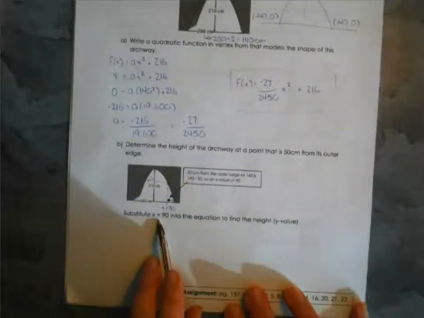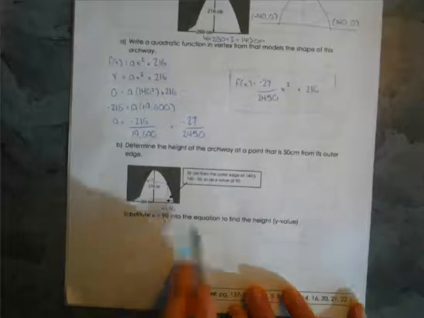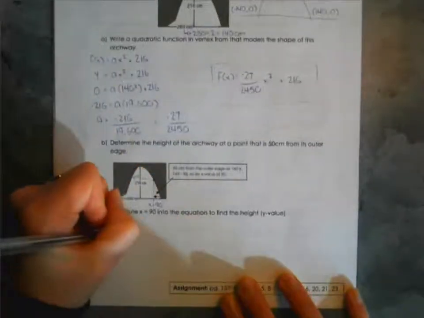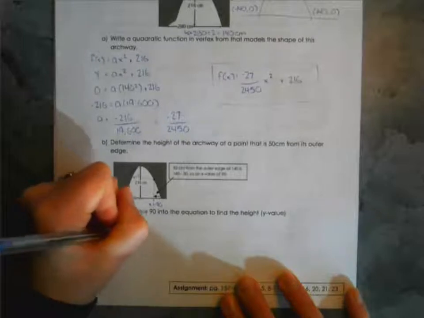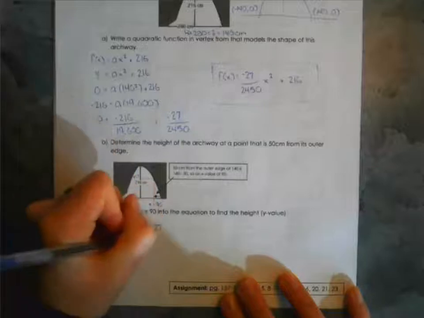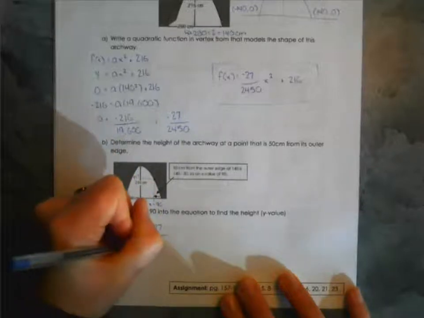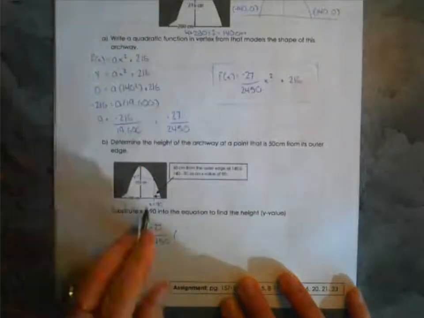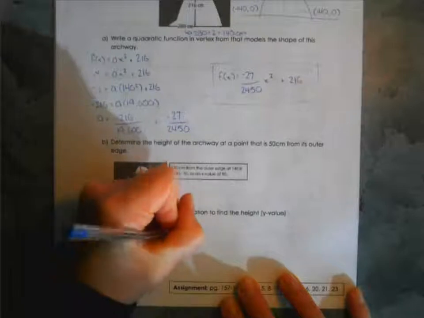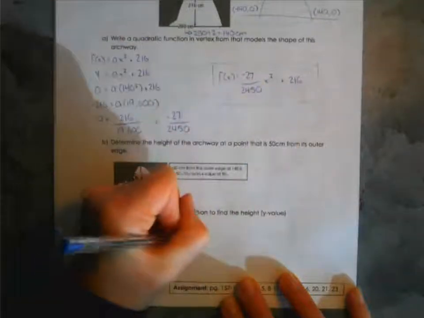Okay, so if we want to figure that out, basically all we need to do is substitute in our x value to find the y value. So remember, f of x is the same essentially as y, so we can say y is equal to negative 27 over 2,450 times x squared, and we just found out that x was 90, so 90 squared, and we want to add 216 to that.